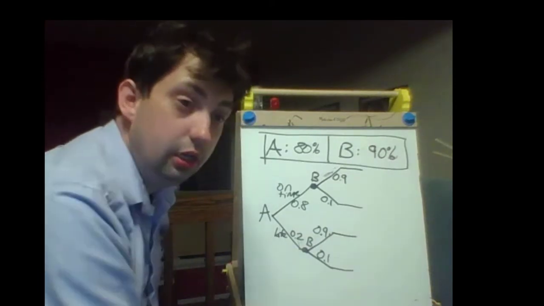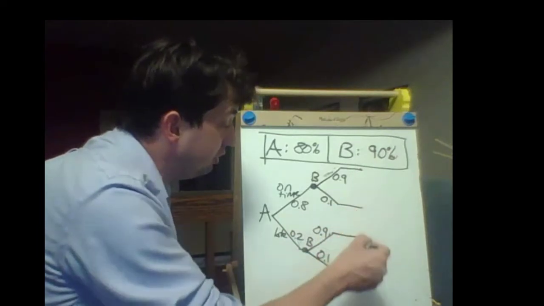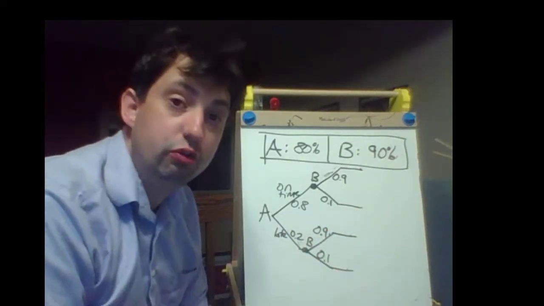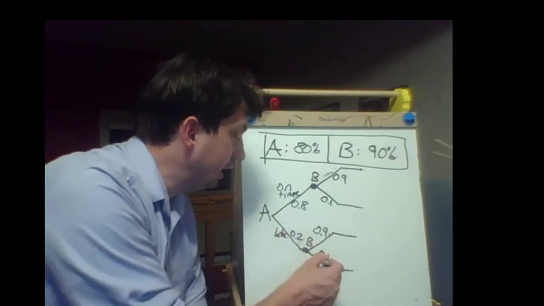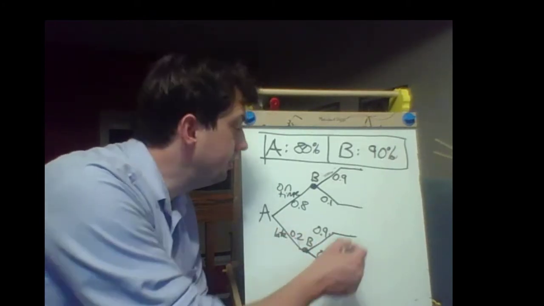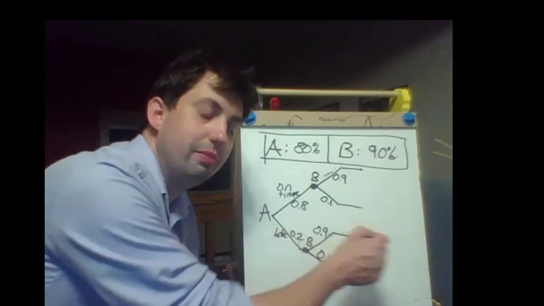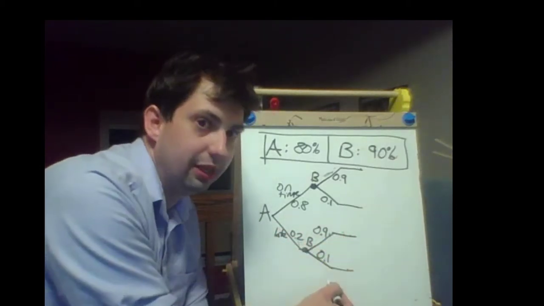And now, each one of these scenarios is mutually exclusive to the other. If A is late and B is late, then this cannot happen where A is late and B is on time, because A can't be on time and late at the same time.